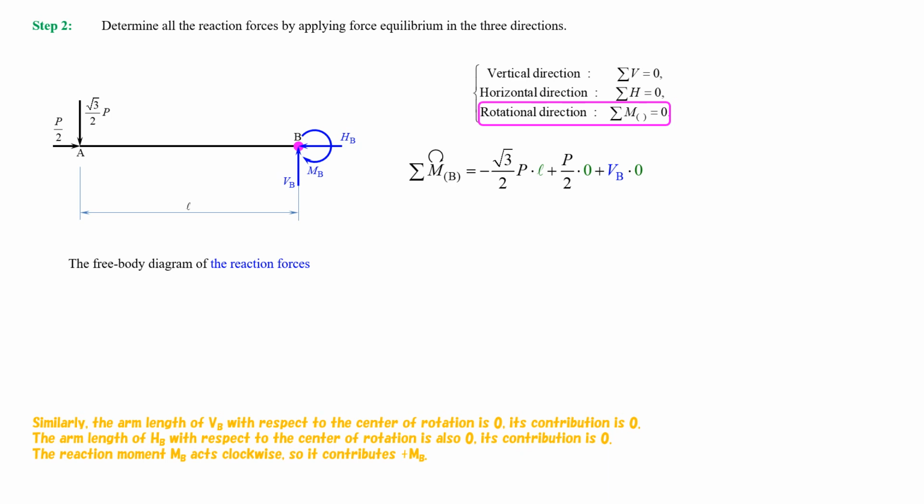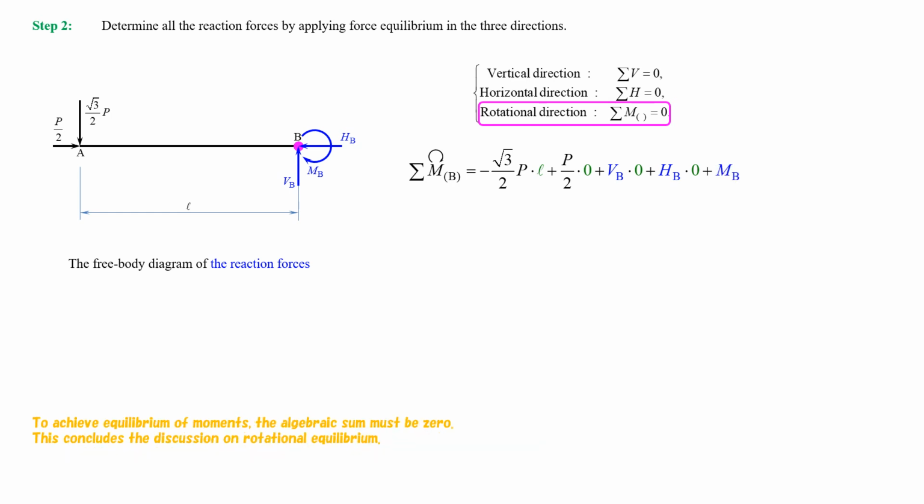The arm length of HB, with respect to the center of rotation, is also 0, so its contribution is 0. The reaction moment MB acts clockwise, so it contributes plus MB. To achieve equilibrium of moments, the algebraic sum must be 0. This concludes the discussion on rotational equilibrium.